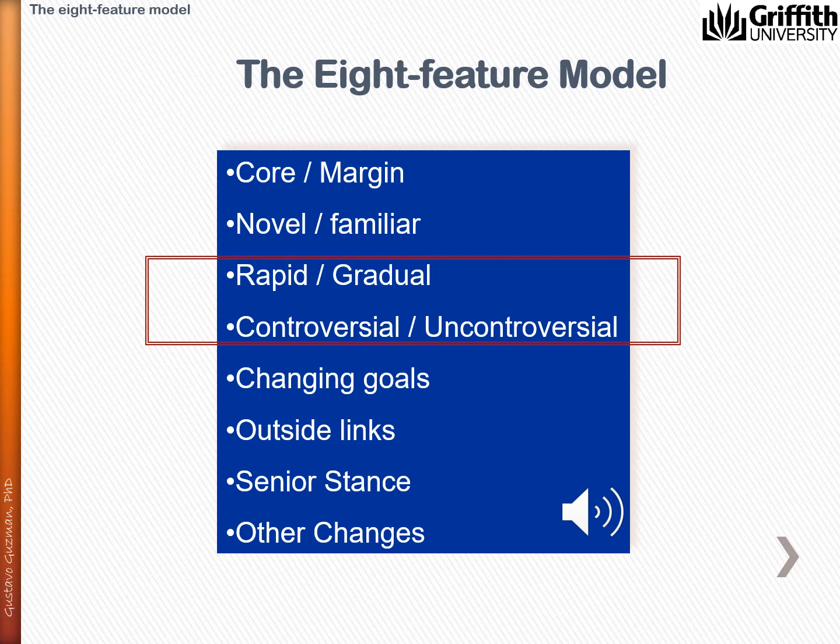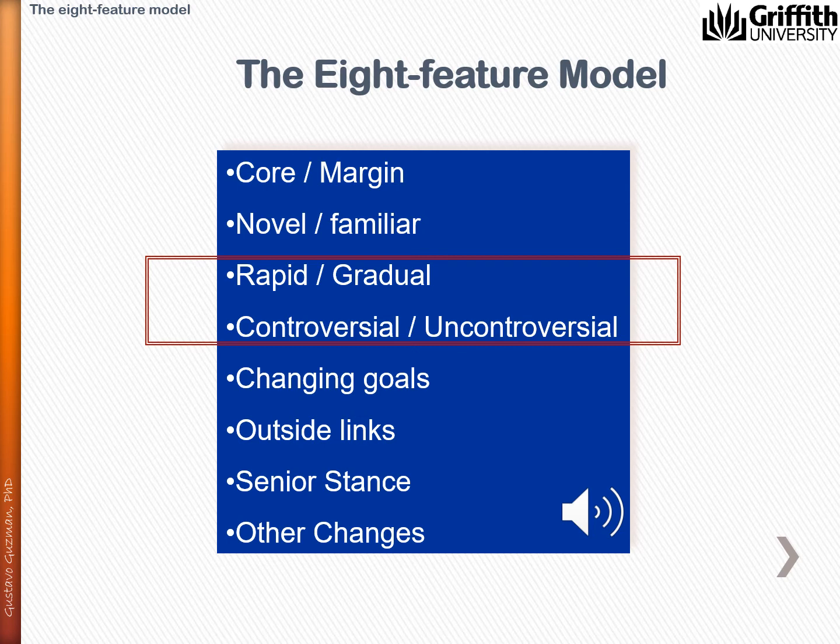Gradual projects, there is more time to think, there is more time to try alternative solutions. In reality, what we can say is that projects have different degrees of rapid or gradual at different stages of the project.